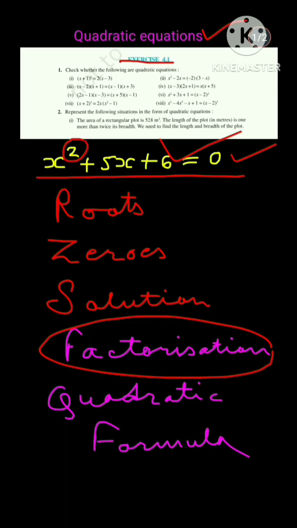Okay, here we have taken an example of a quadratic equation. Let's check. x square plus 5x plus 6 equal to 0. Okay students, now according to factorization method, we can solve this equation by splitting the middle term, right?